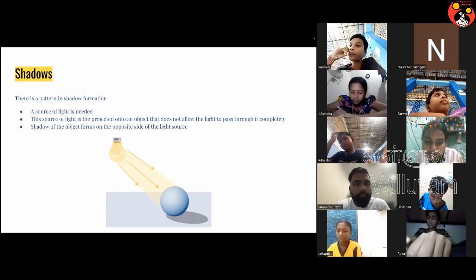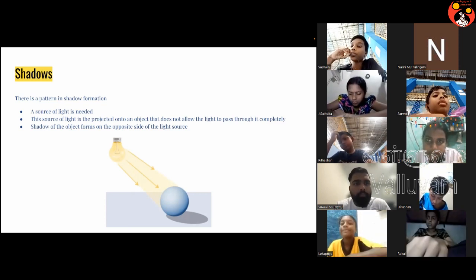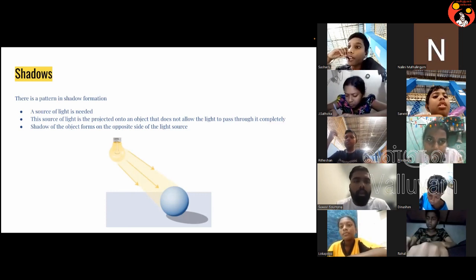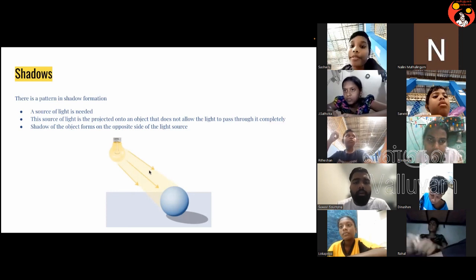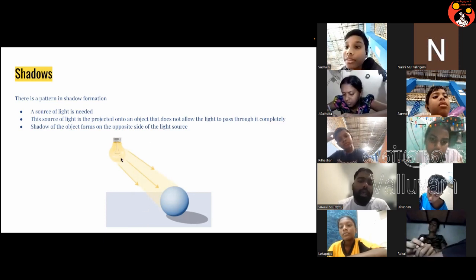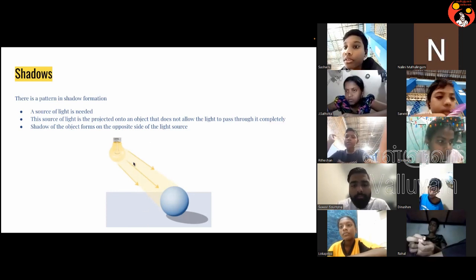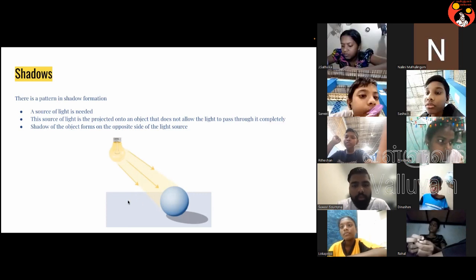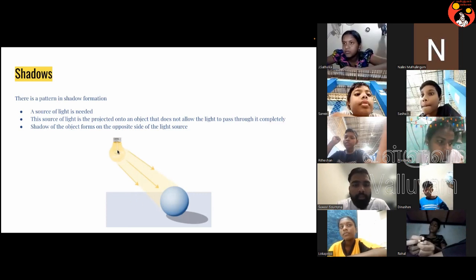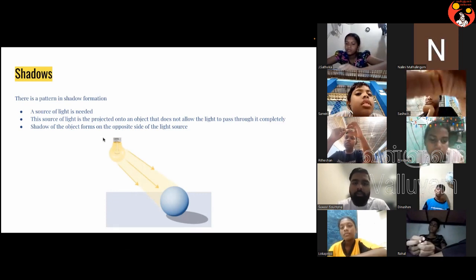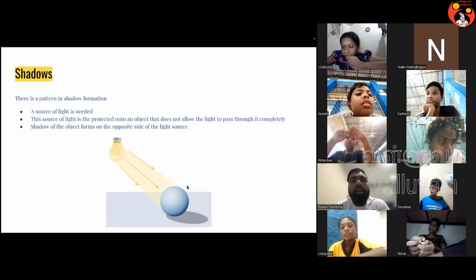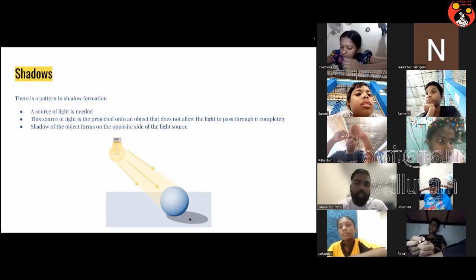Absolutely, exactly right. Because it's transparent, the light will pass straight through. So even if we put a pane of glass in between the light bulb and the ball, it will still have the same effect because the light will pass straight through the glass and eventually hit the ball, which then creates the shadow.